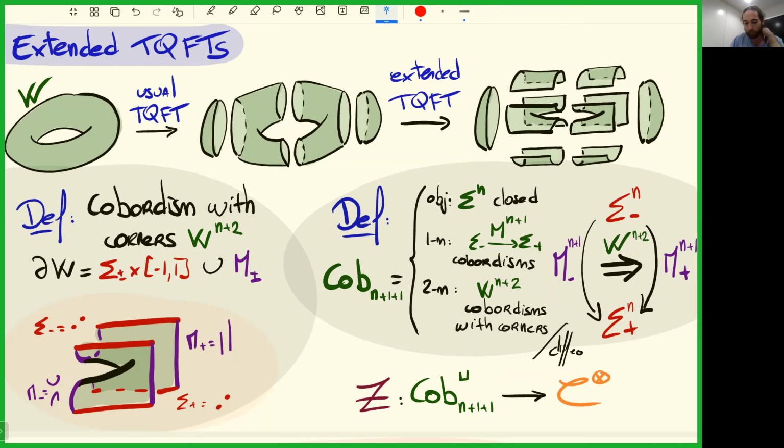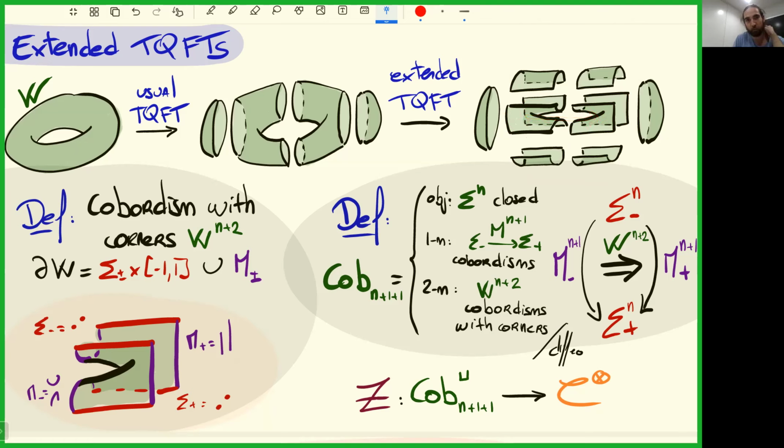Okay, and so this list of things has some good structure. It's a bicategory. What this means is that there are two kinds of operations I can do, displayed over there. If I have a cobordism from M minus to M plus, and then another from M plus to M something else, then I can glue them together and obtain one cobordism with corners from the first to the last. This is composition of two morphisms in the usual direction.